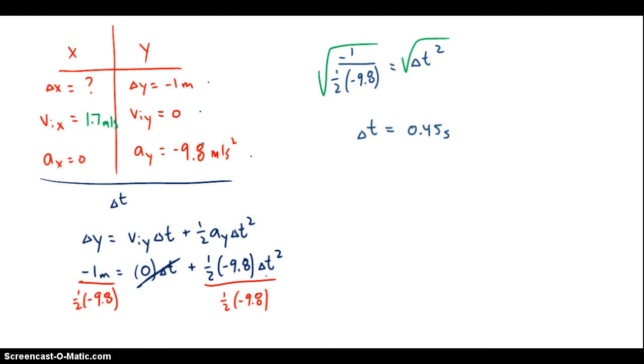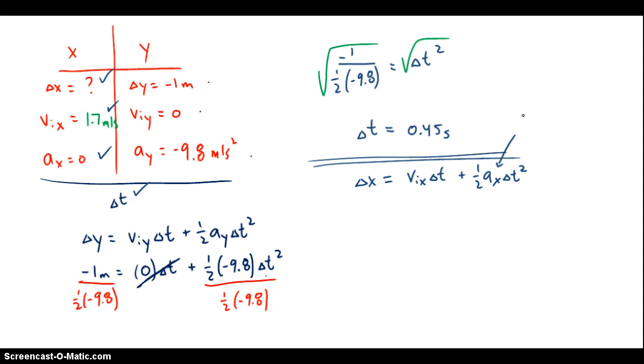Okay, so now I know my time, I know my acceleration in the x direction, and I found my initial velocity in the x direction using momentum conservation. So I can find what my change in x is. Use the exact same equation, but instead of y, I'm going to use x. Ax is going to be 0, so this whole term is just 0. 0 times any number is 0.